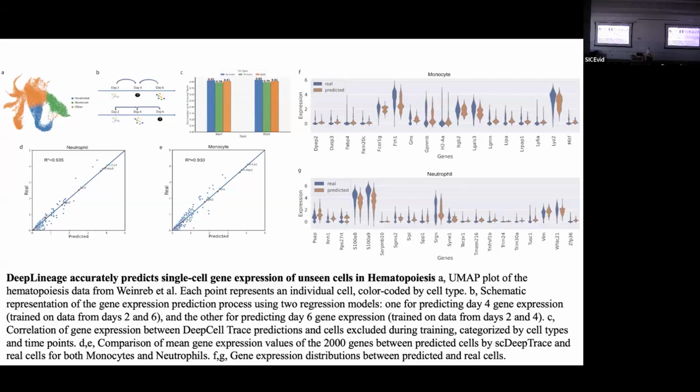And we've held out day 4 data. And the prediction is very good. We get high prediction accuracy at predicting any held out time point. And even at the gene expression level, just with a set of random genes, we get quite good prediction of what the gene expression should be at that day compared to the real data.